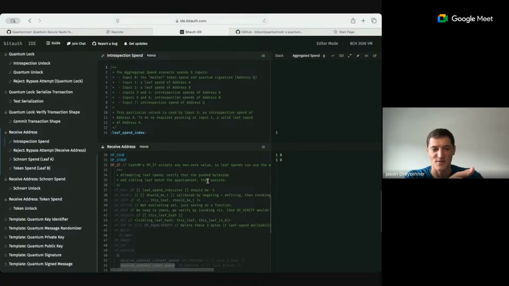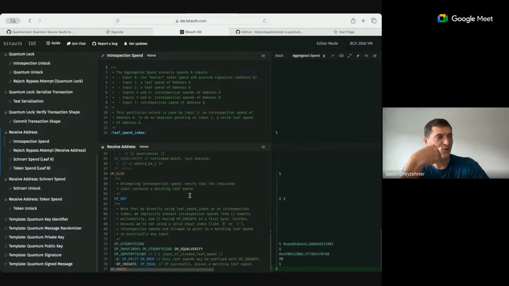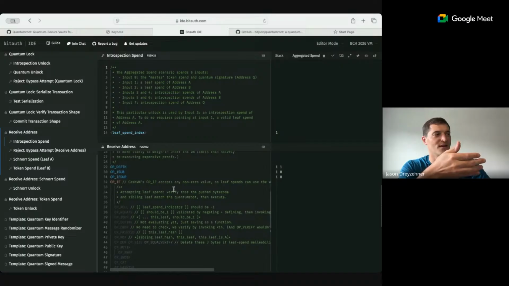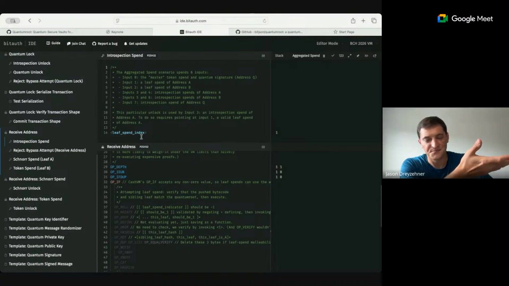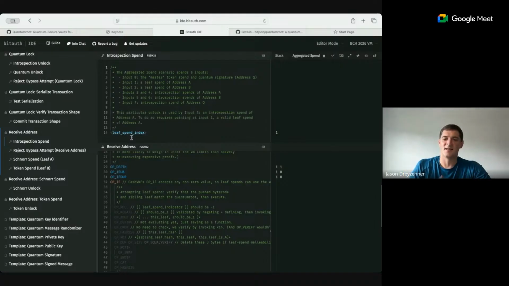One is the unwrapping path we talked about, and if you only have one item on the stack, then we assume you're not trying to unwrap, and we assume what you're actually providing is an index to look at to see if this transaction is authorized to spend this UTXO.